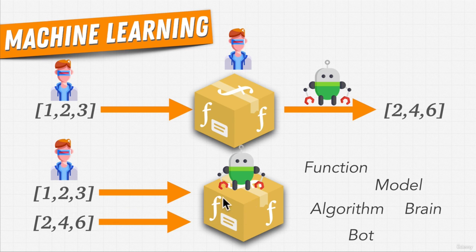And for it to be really, really good, we have to give it lots and lots of data. And then we want to test to make sure that this data that we give in gives us the correct output. So at the end of the day, machine learning is simply a computer writing its own function based on the inputs and outputs. That's pretty cool, isn't it?